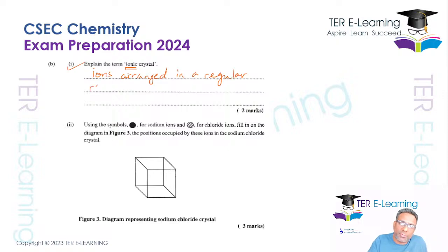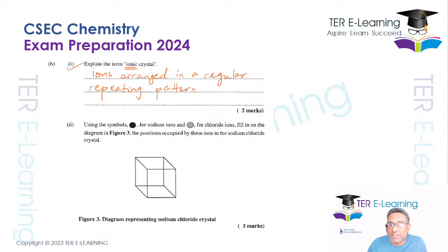That's what we're looking for here. One of the crystals that we have to learn for the exam is sodium chloride. We have to be able to draw sodium chloride.